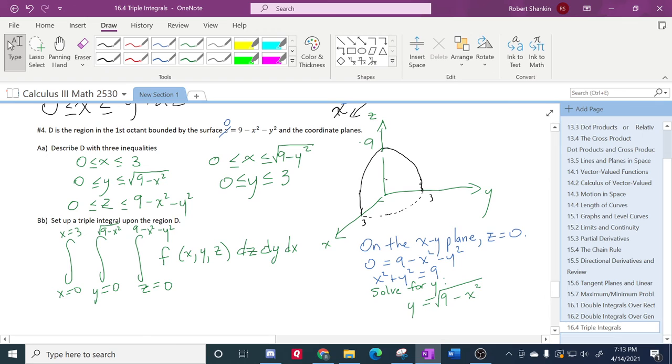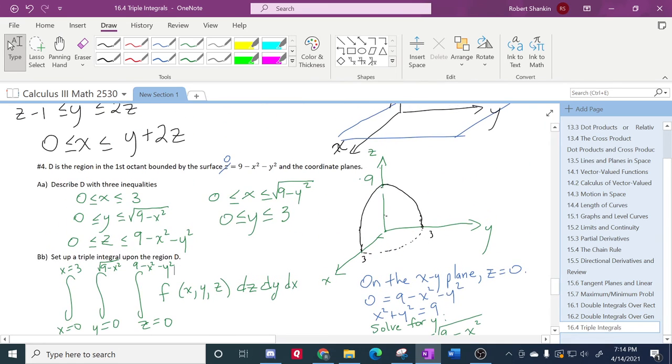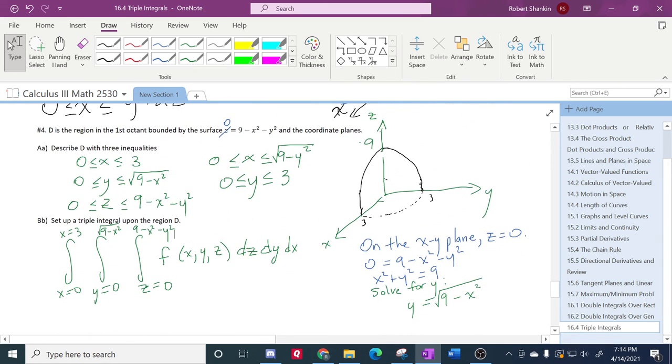And we can set up triple integrals now to get volumes of regions as well as double integrals. So we have a tool for finding volumes of regions. All right. Any questions on this before I move on?